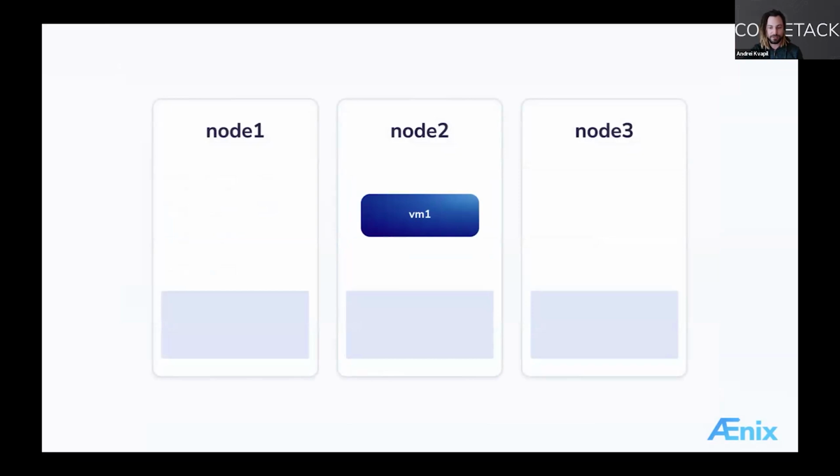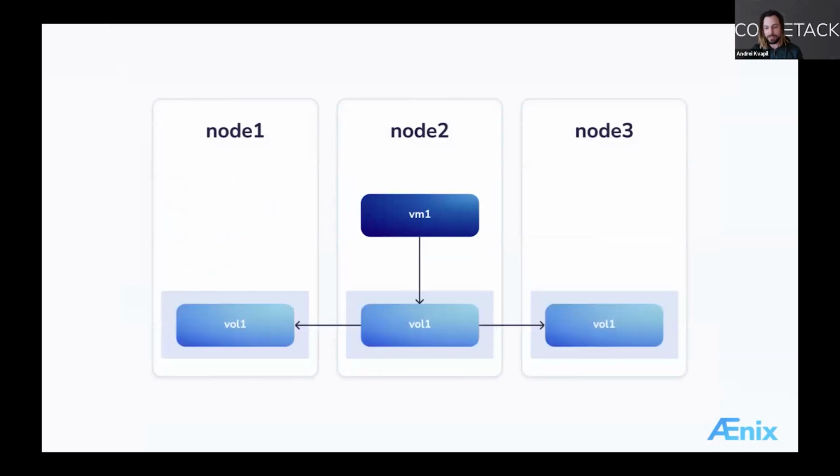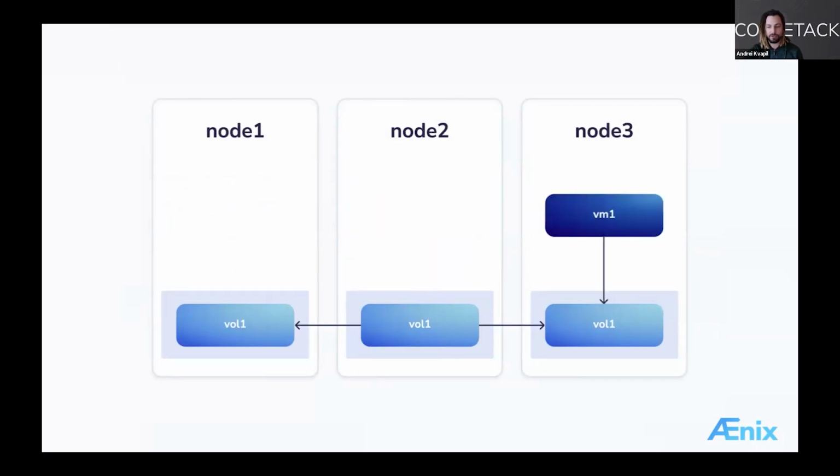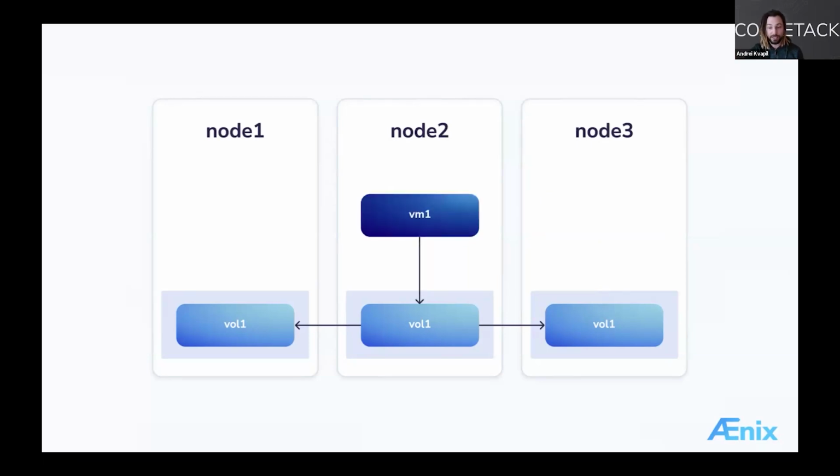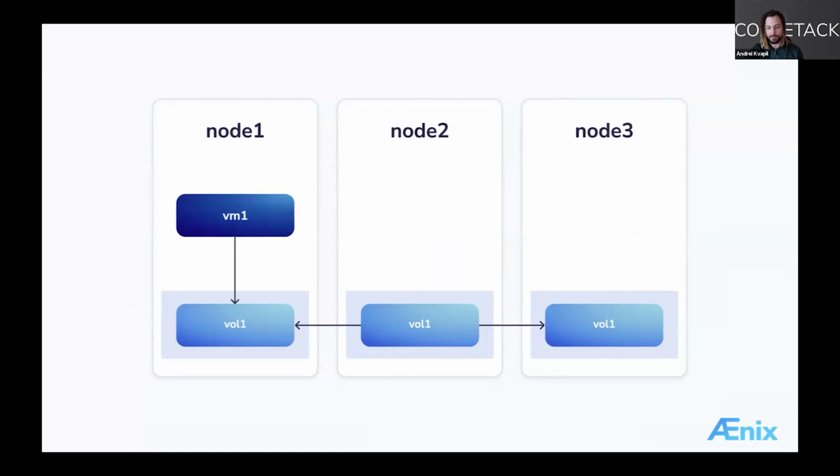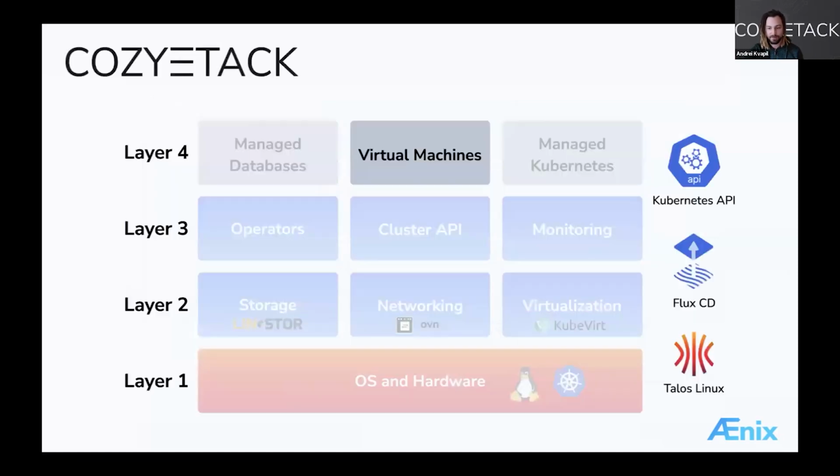So for a virtual machine, it requests a replicated volume. In this way, we can be sure that if a node goes down, the virtual machine will be moved to another and will continue working with the same data as before. And we can live migrate it across the nodes thanks to LINSTOR and Piraeus compatibility for this.